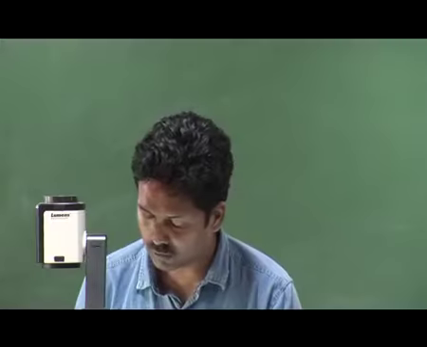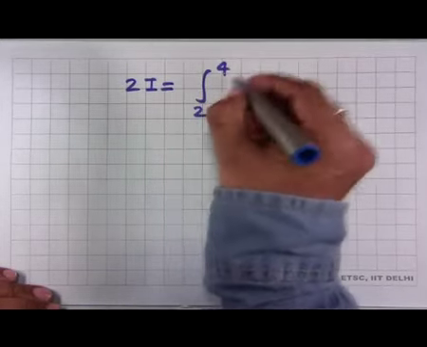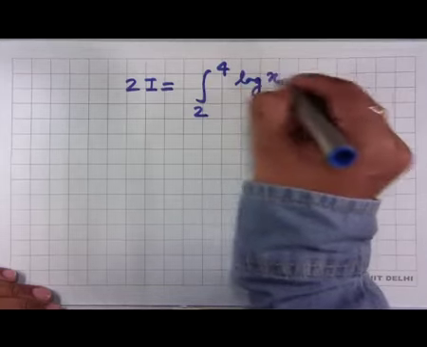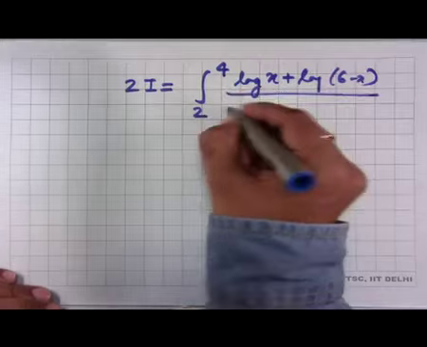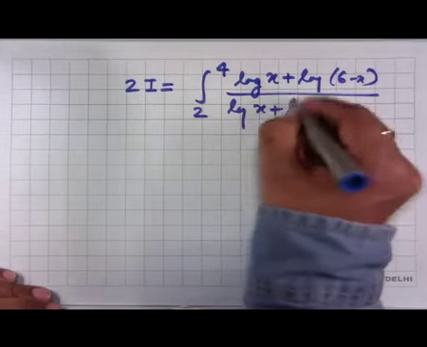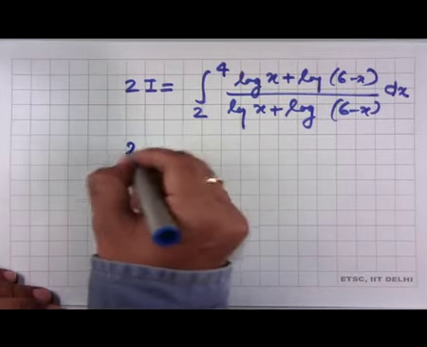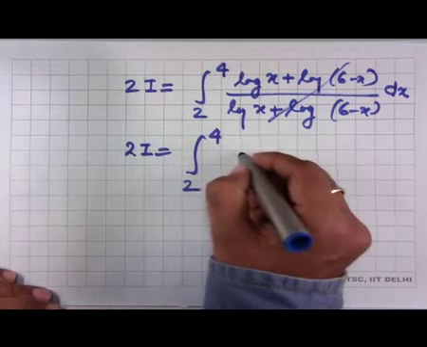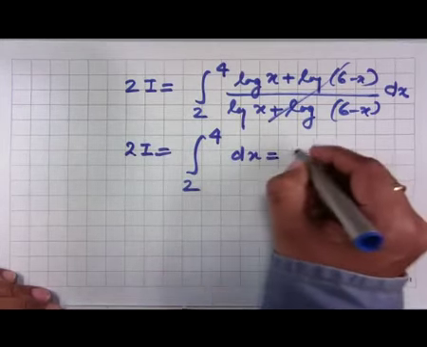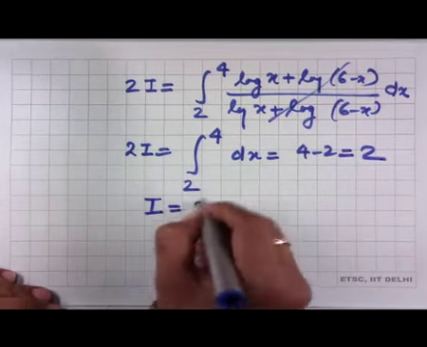So we add and we get 2I equals integral 2 to 4 of log x plus log 6 minus x by log x plus log 6 minus x dx, and this will get cancelled, so we get dx, which is 4 minus 2, that is 2. So value of I is therefore 1.